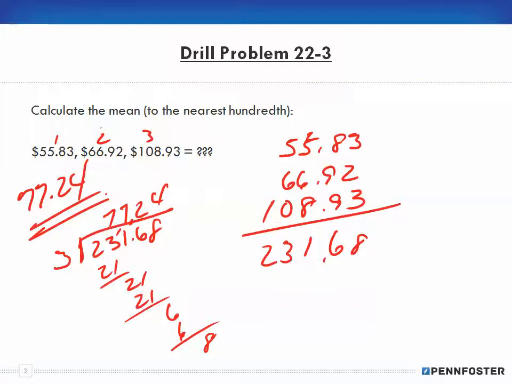Huh, interesting. Oh, no, my mistake. It's 23. Right? That's 23. 3 into 8 goes 2 times. So 77.23.